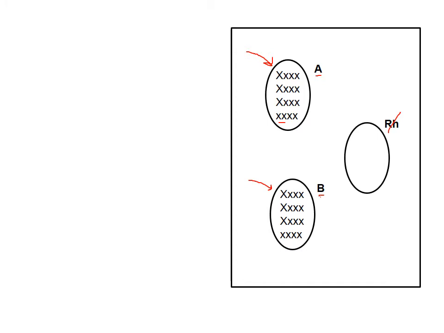So if I'm looking at the three possible antigens that are on the cell, I know I have an A, I know I have a B, and I do not have the D. So that means I have a blood type that is AB negative. Again, don't make it more complicated than it is. If it reacts, the antigen is present. If it doesn't react, the antigen is not present.